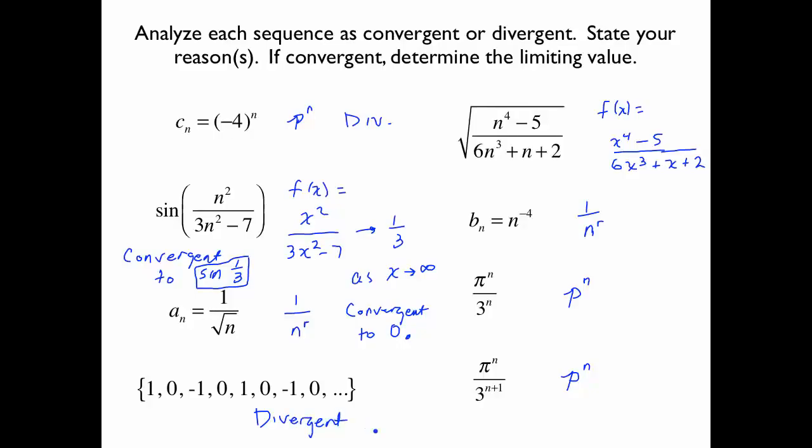So a convergent sequence means that the terms get as close as you want to a particular value. They hone in or they approach a particular value. Divergent is anything else. It's something like this, where it just keeps jumping and not approaching a value, or gets infinitely large, like just keeps increasing without bound, or increases without bound negative.